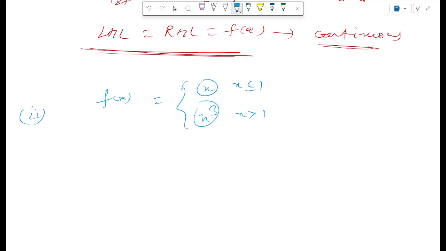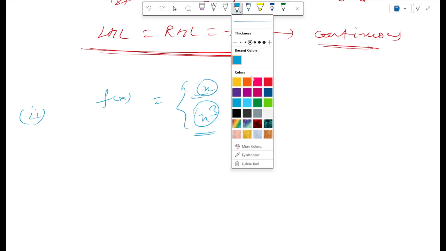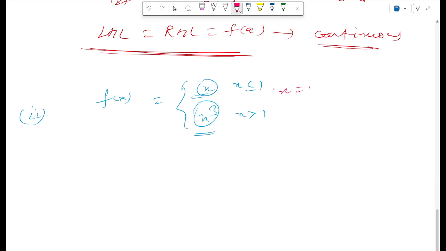And for all values greater than 1, f(x) becomes x cube. So linear function, cubic function, it is like a polynomial, and we are not going to get any missing points. So this will also be continuous. So the only suspected point is x equal to 1, so we will check at x equal to 1.